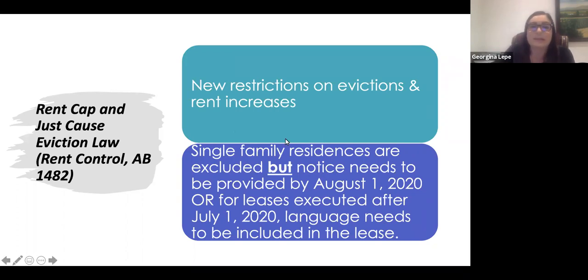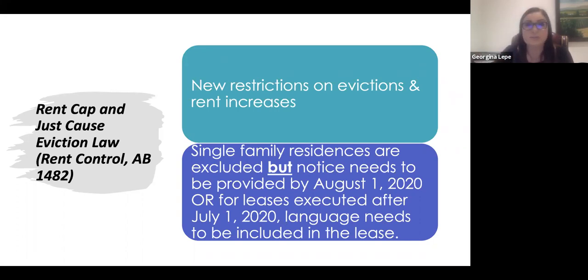So remember, if your property is excluded because it's a single family residence, or it's a single family residence with an additional dwelling unit and you reside in the primary residence, then your property is excluded, but you need to provide notice of this law by August 1st to your tenant, or any leases that are signed on July 1st and on need to include the notice.